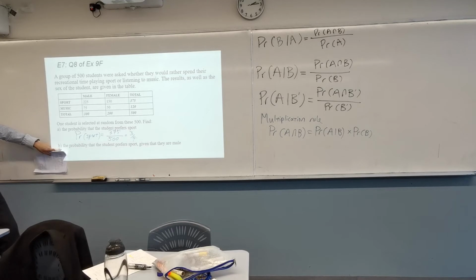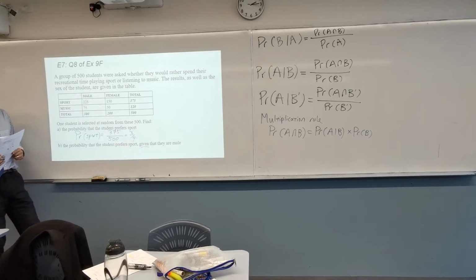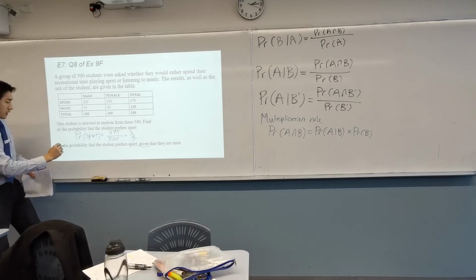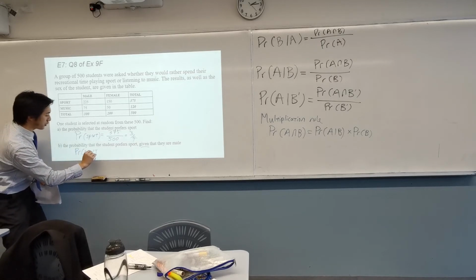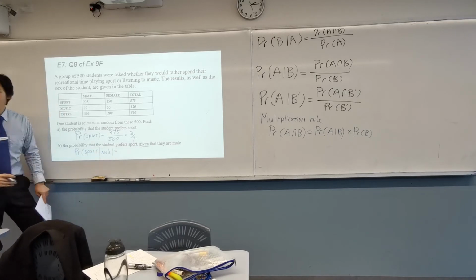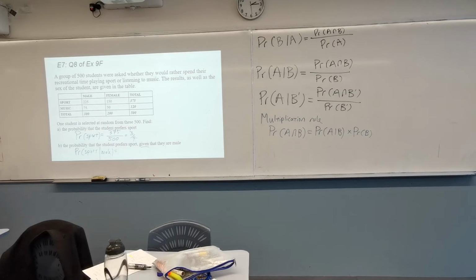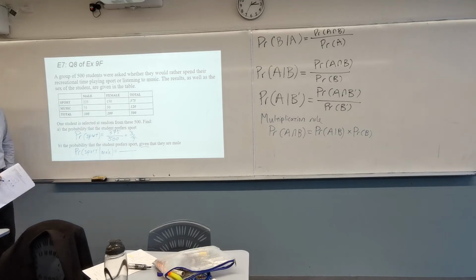Okay, this time we do have a conditional probability question. That's the given. So now it's the probability of picking someone who prefers sport, given that they're male. Okay, we can't consider all 500 students now. We are only looking at the number of male students.